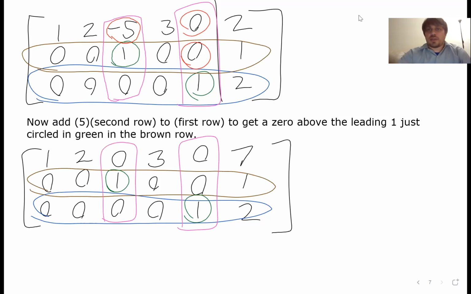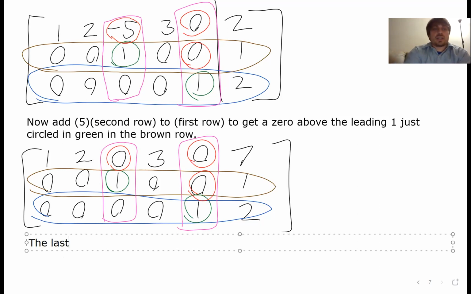And so now we see that all the other entries are now 0. Okay. So now we have this. So okay, the last matrix is in reduced row echelon form.